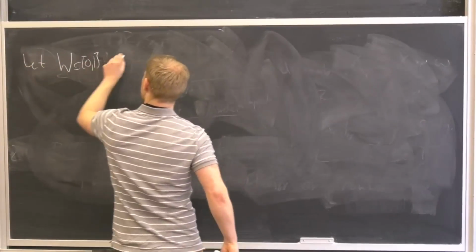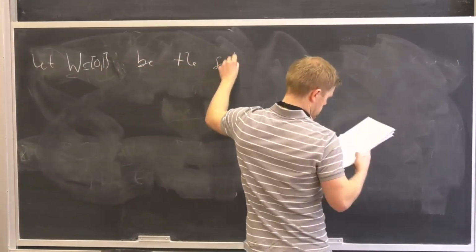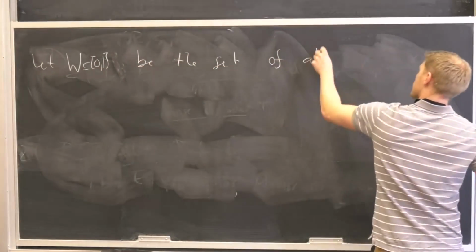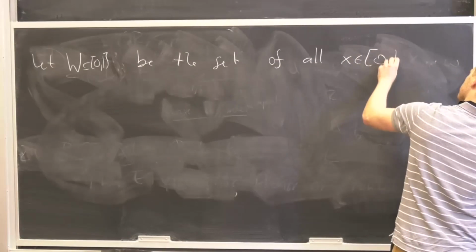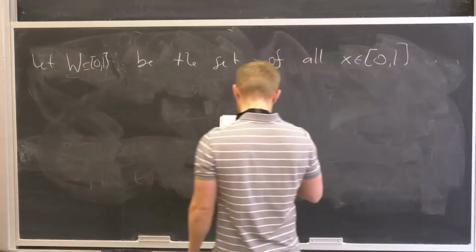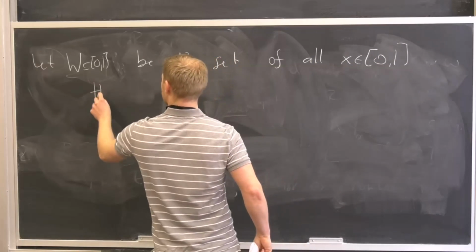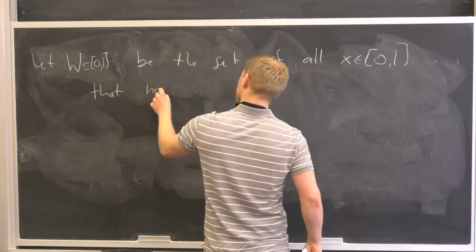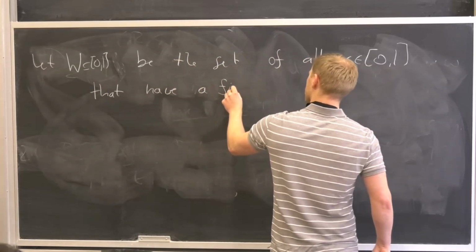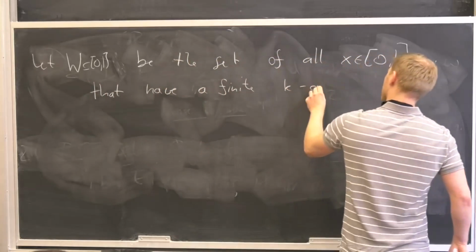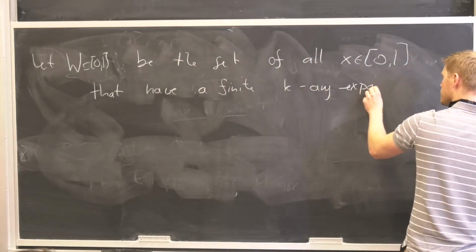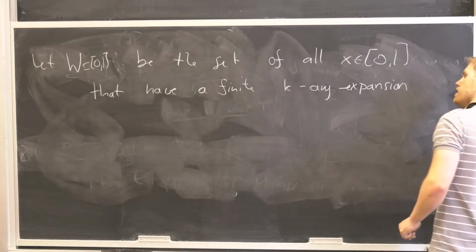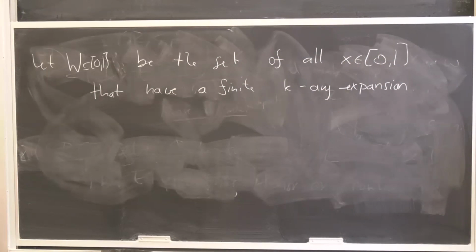Let W be the set of all x in 0, 1 that have a finite k-ary expansion. Now the claim is that this is dense in the set of 0 and 1.